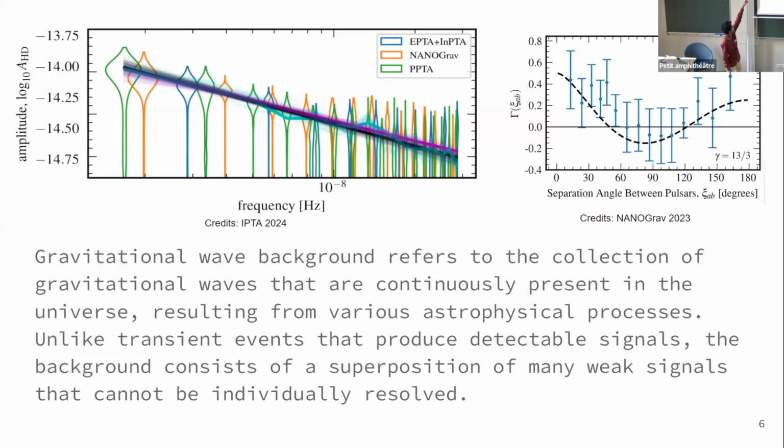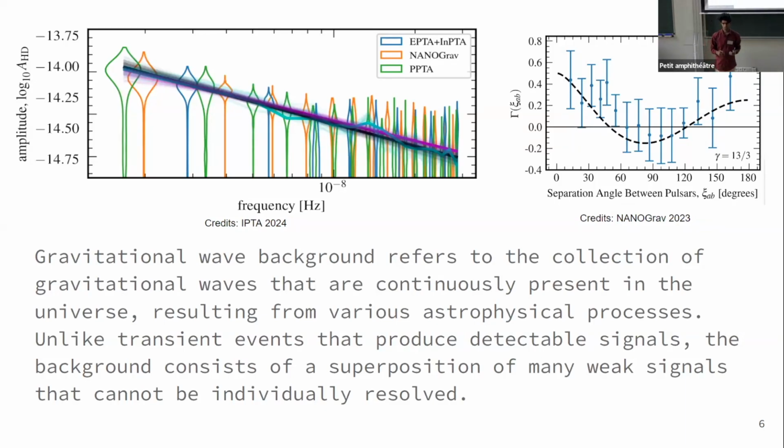You can see the top figure is what we can call the background, and the second figure is the most important one because it shows the correlation between the pulsars. When we calculate the timing, we get some profile and plot it.